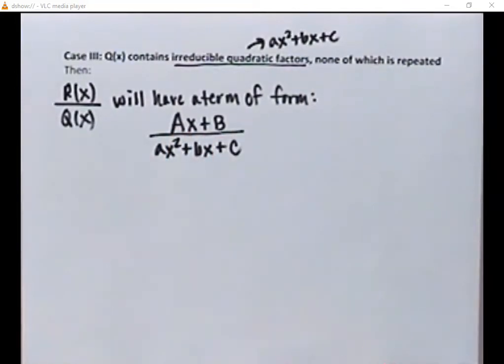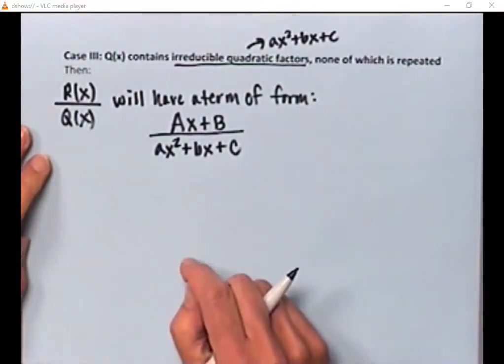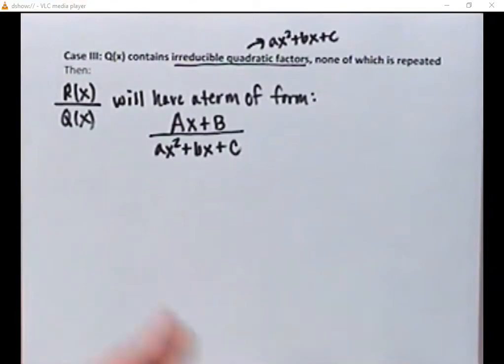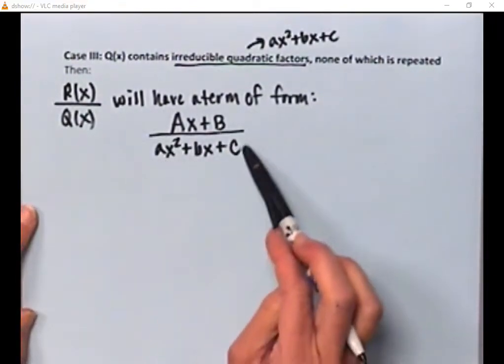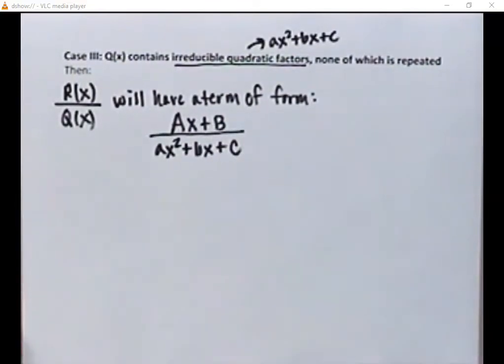It could possibly have an x term and a constant term. And so when I set that up, I'll have to have two terms in the numerator. Okay, and with it, you will set up a fraction. If there's linear factors, you'll set up one for those. But this is what a quadratic factor will have in its numerator now.